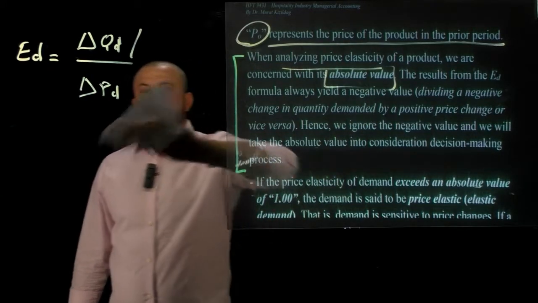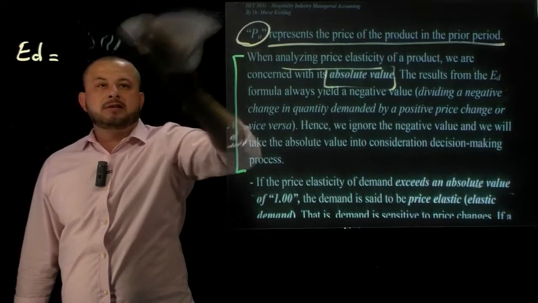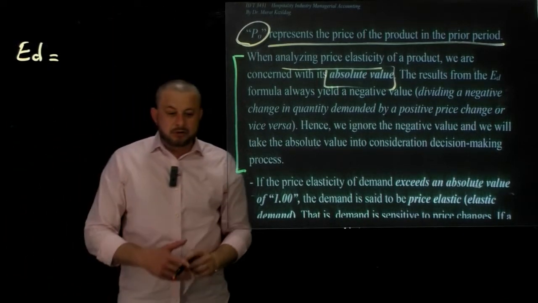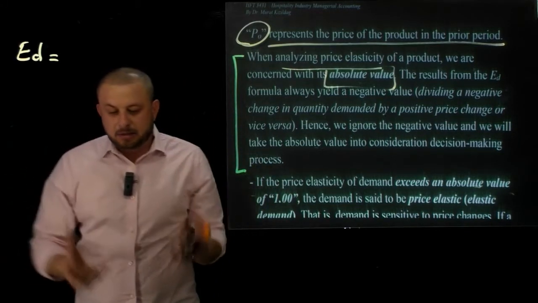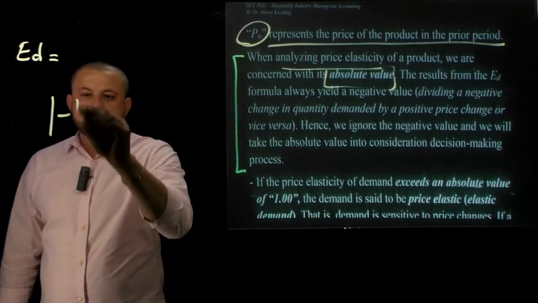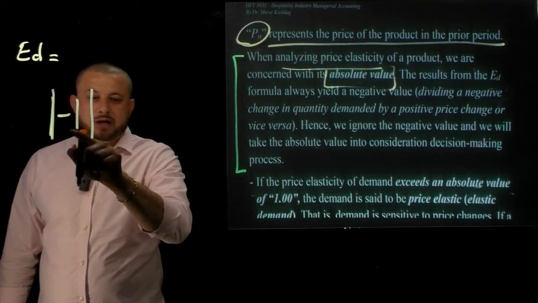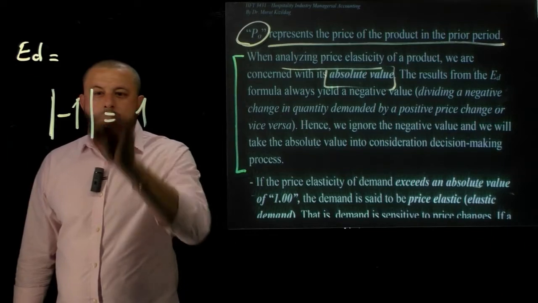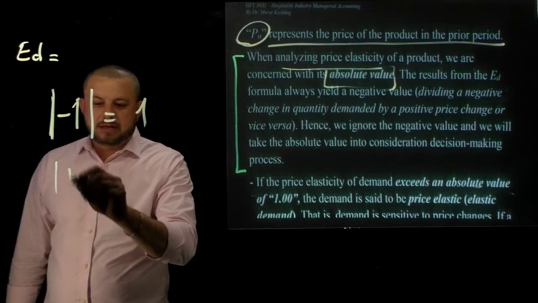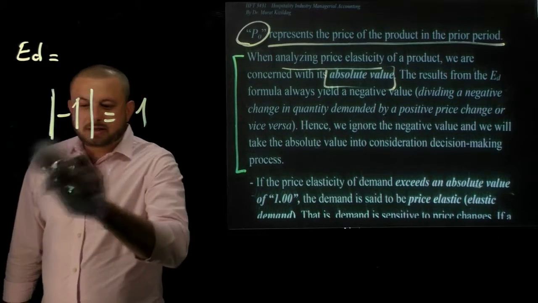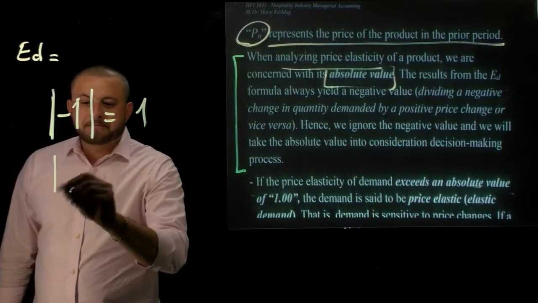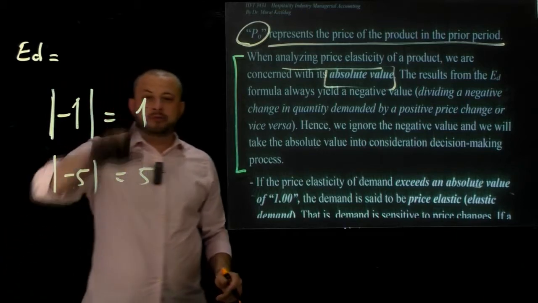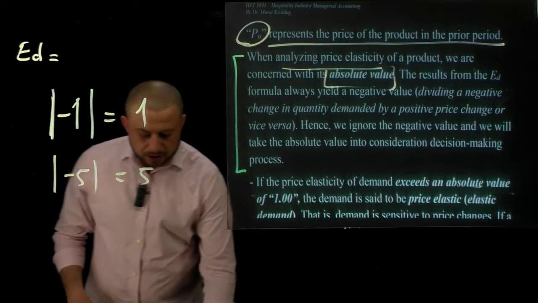Therefore, we will have to use the absolute value of that negative number, which means we will have to think about it as the positive value. For example, the absolute value of -5 will be 5. So we'll be dealing with the positive numbers over here.